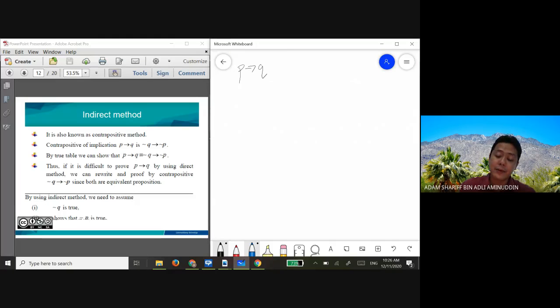P implies Q. You show P and you show Q. However, indirect method is almost like a modus tollens. Modus tollens is a method of denying daripada logic. It uses this form of argument because P implies Q is similar with the contrapositive method. You can prove that it is logically equivalent.